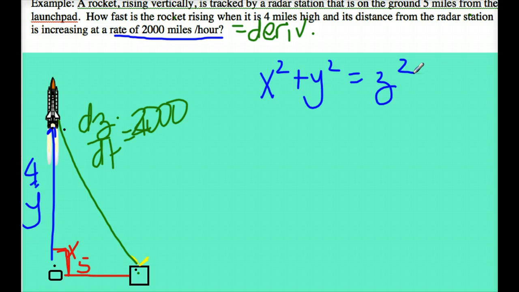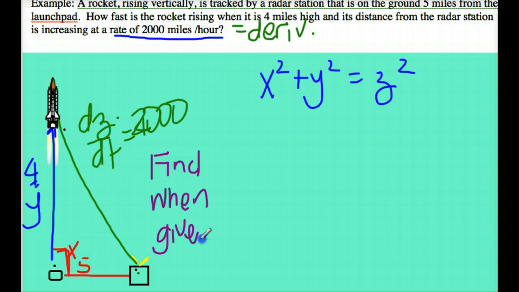So let's find out what we're looking for. I'm going to write find when given here. So it says, how fast is the rocket rising? So I'm looking for how fast it's rising. Well, if I'm looking for how fast this is going, that's going to be my dy/dt.